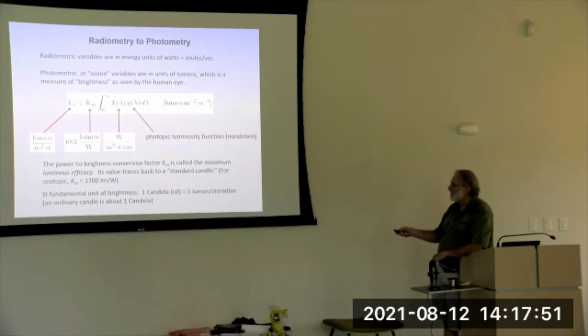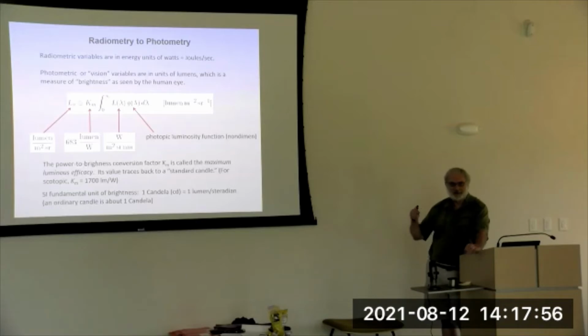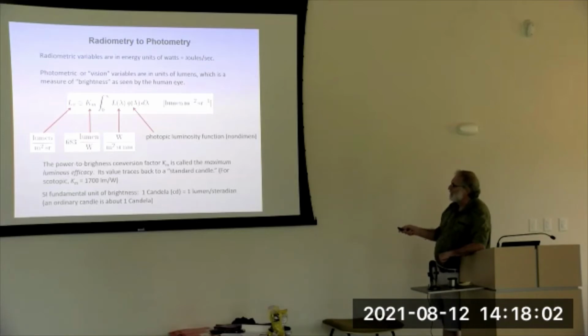That's actually now a fundamental physical quantity, just like the speed of light. It's just fixed now for all time. So you get 683 lumens per watt, and you've integrated out the wavelength, so you're left with lumens per square meter per steradian.